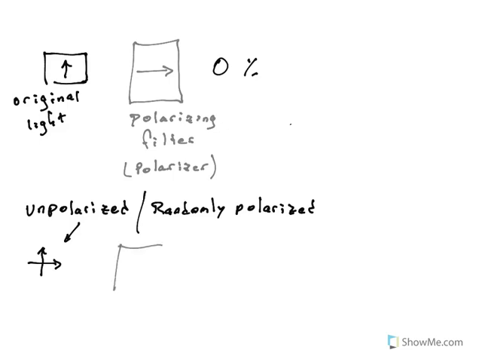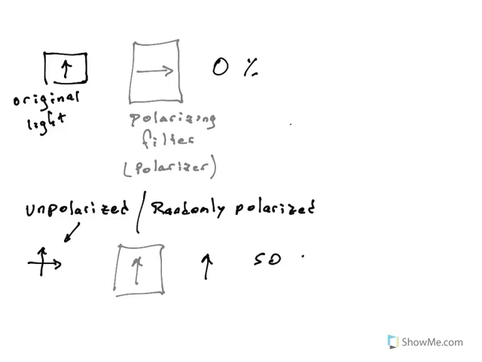If you have a polarizing filter that's polarized upwards, let's say, and you send this unpolarized light through it, then only those pieces of the original light that are polarized up will get through. So you get some light coming through. That light will now be polarized upwards because that's the only light that can get through. And all the other light that was polarized in the opposite direction gets blocked.